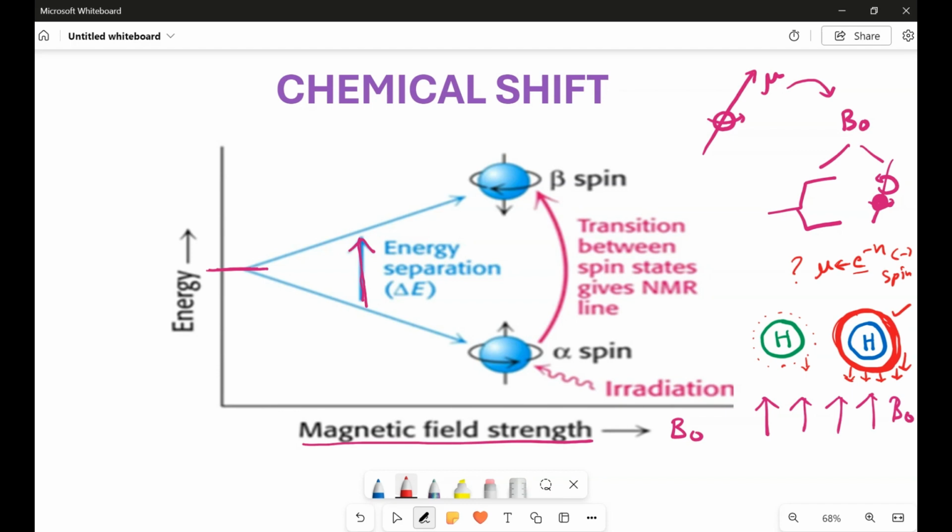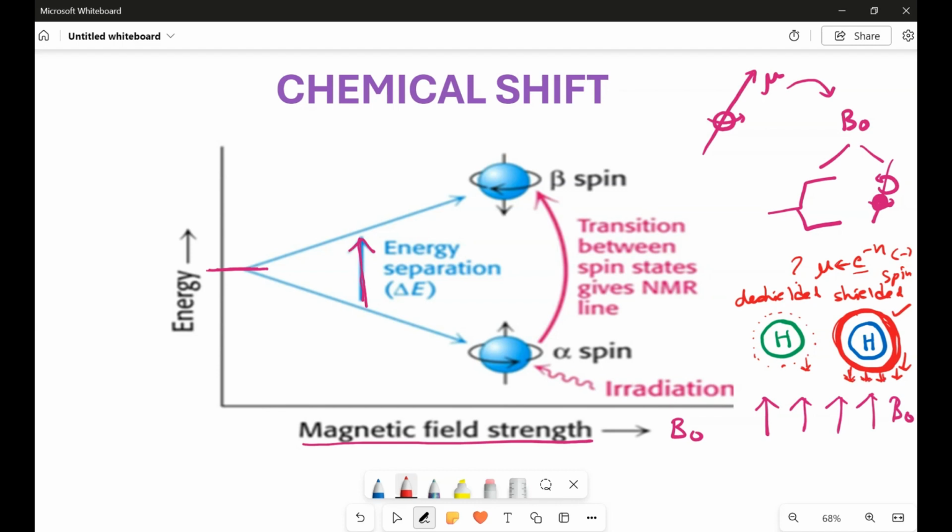Whereas this hydrogen, where there are fewer electrons, is the de-shielded hydrogen. This is the shielded hydrogen. The de-shielded hydrogen has less opposition from the electrons towards the external field, whereas the shielded hydrogen has more opposition.